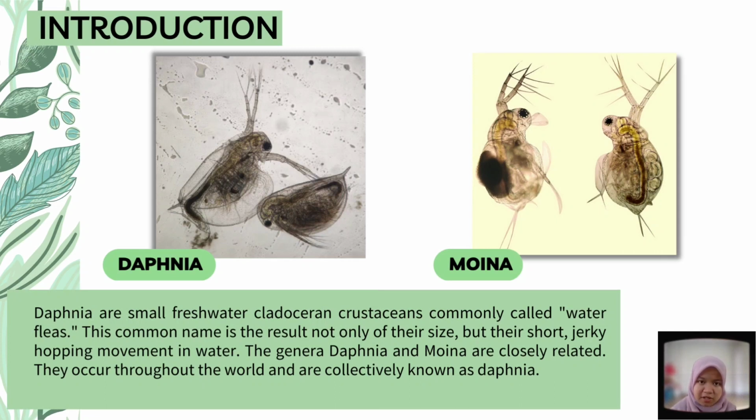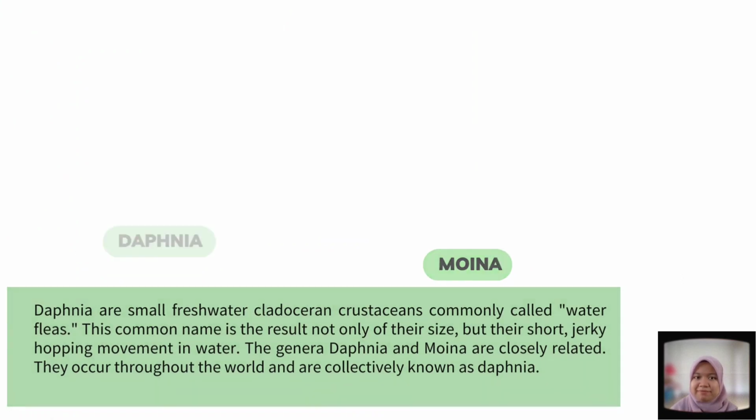The genera Daphnia and Moina are closely related, so they occur throughout the world and are collectively known as Daphnia. So we can say there's not much difference because they're very closely related. After this, we will explain the similarities, explained by Farisa, and the differences by myself.